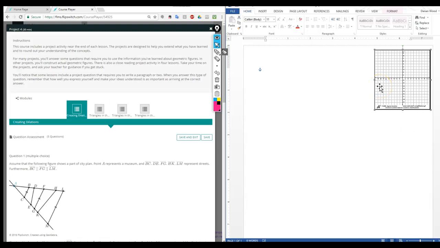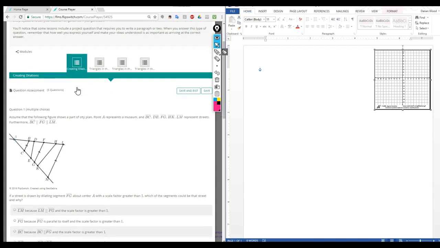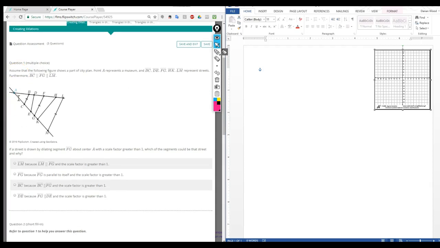Alright, so for project 4 in lesson 16, we're at the Creating Dilations tab, and we're going to go through this. Question 1. Assume that the following figure shows a part of a city plan. Point A represents a museum, and segment BC, segment DE, segment FG, segment HK, segment LM represents streets.